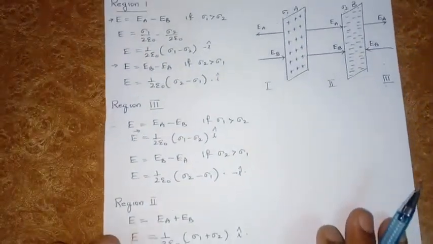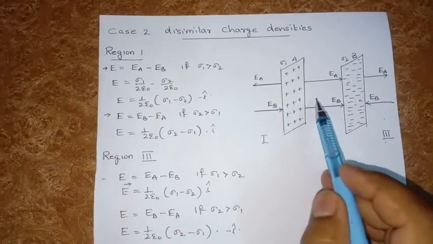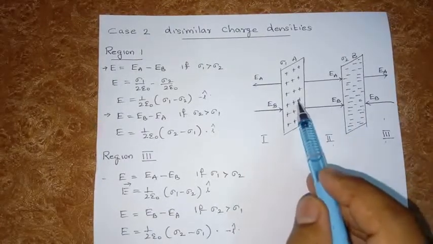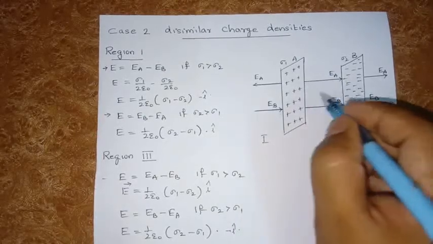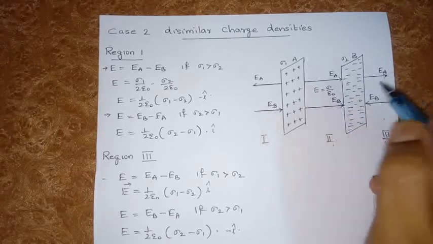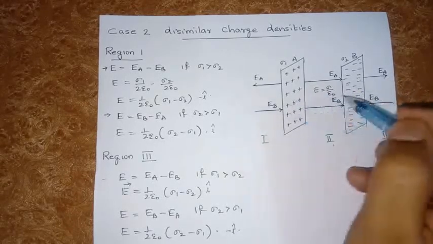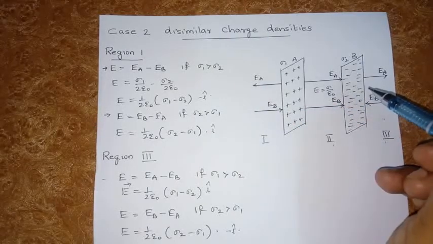So in the region in between two equally and oppositely charged infinite plates, the electric field E is given by sigma by epsilon 0, where sigma is the magnitude of the charge density of either plate.